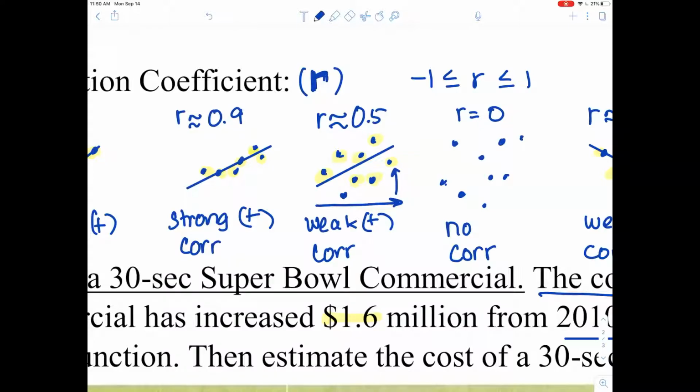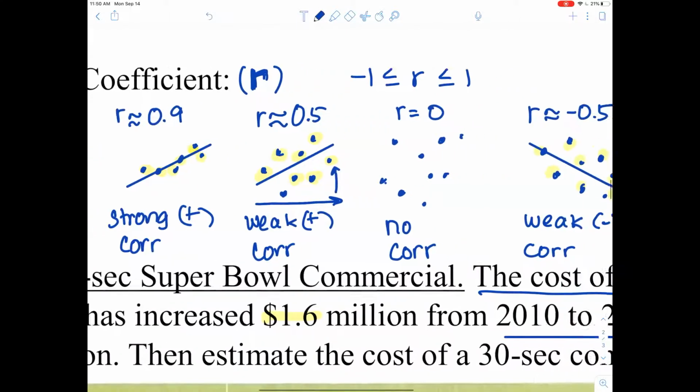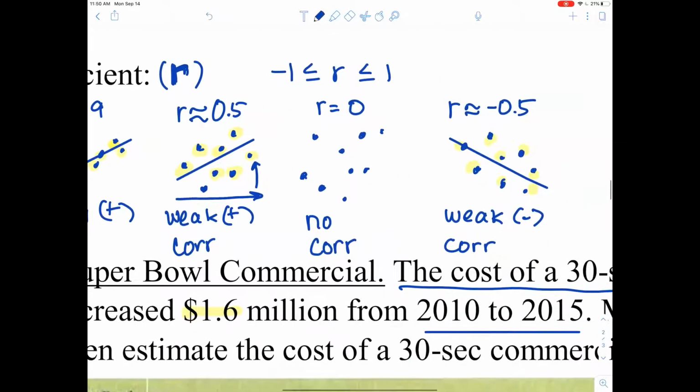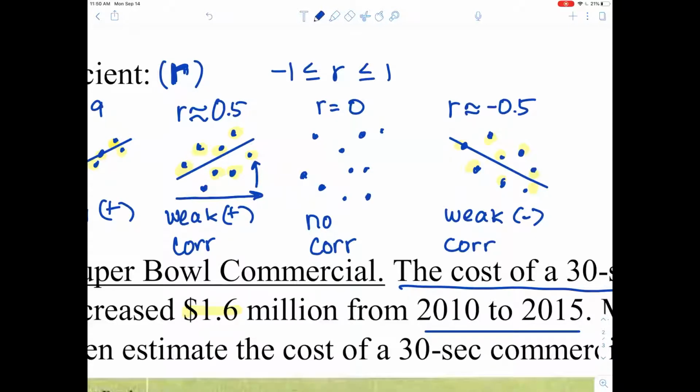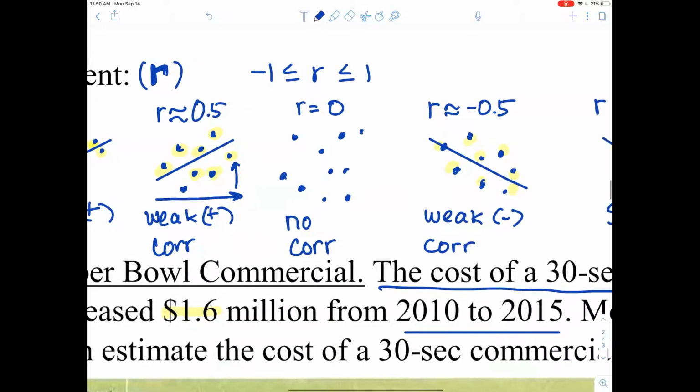If you were writing a linear function to represent that data and then predict something about more data that would come in the future, it probably wouldn't be a very good prediction. If your points are scattered all about and you cannot see any kind of linear relationship between them, your correlation coefficient is 0 and there's no correlation.